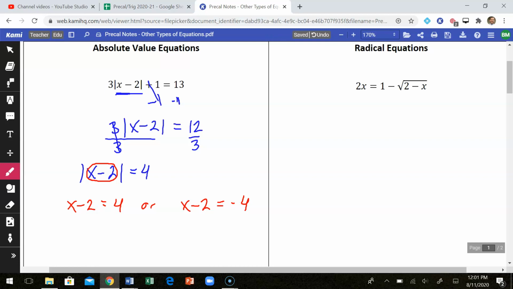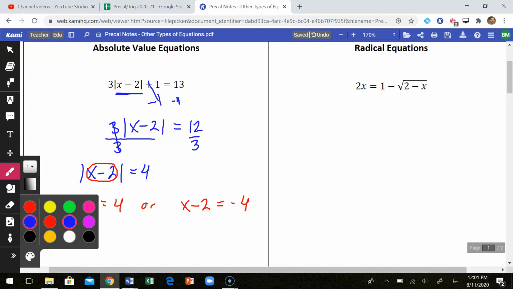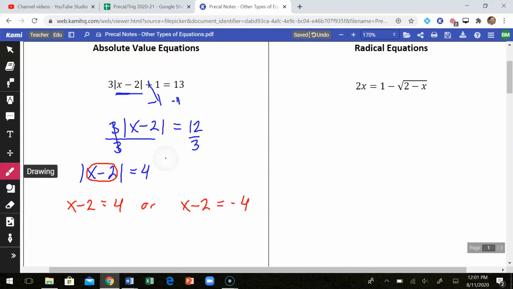So once you have the absolute value isolated, take the expression on the inside and set that equal to positive and negative whatever's on the right side, and then we can solve. If I add 2, I get x equals 6. Or if I add 2 here, I get x equals negative 2.